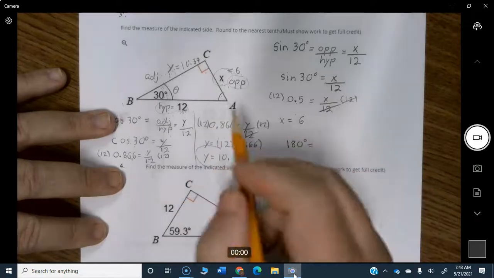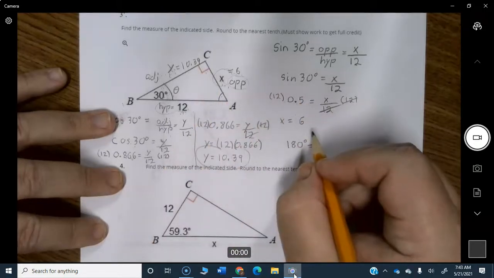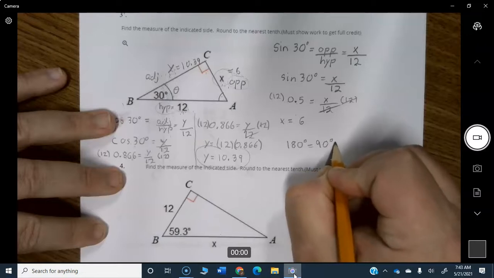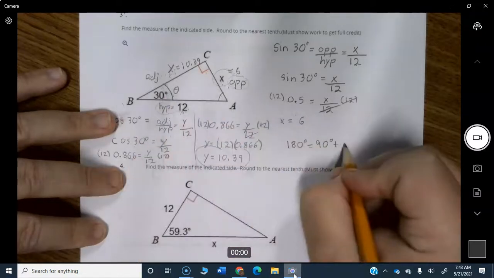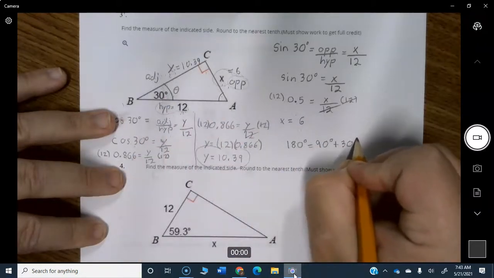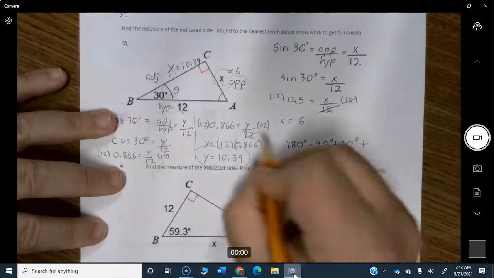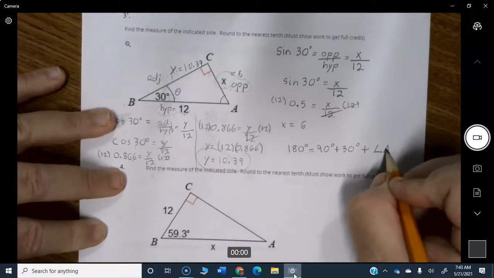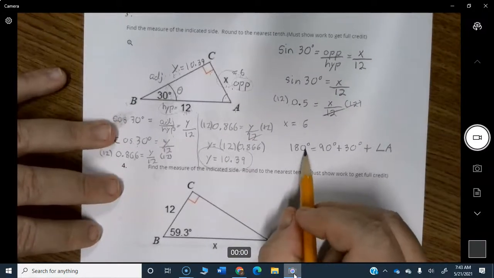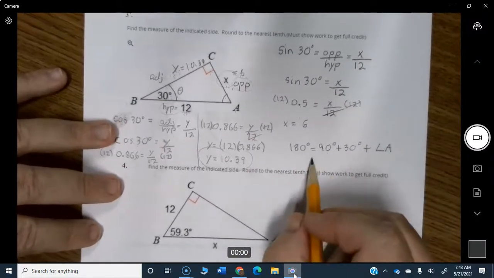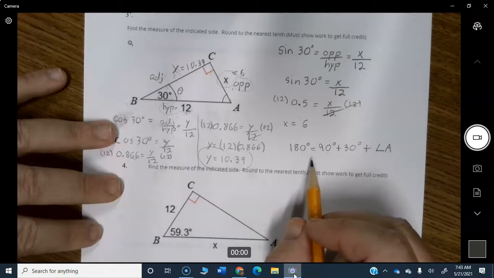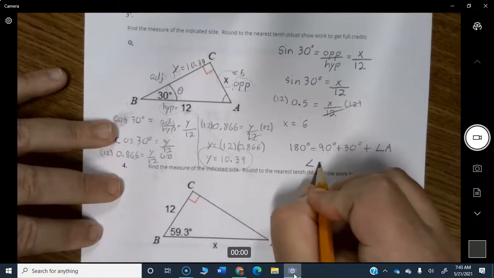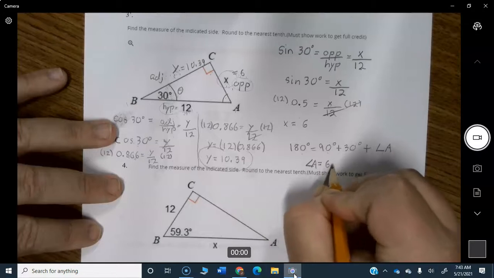And that's going to equal this angle, 90 degrees, plus this angle, 30 degrees, plus our unknown angle A. Okay, and just a little simple arithmetic, 180 minus 90 minus 30 is going to equal 60. So angle A is going to equal 60 degrees.